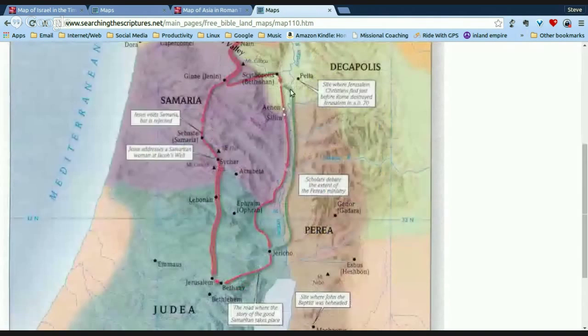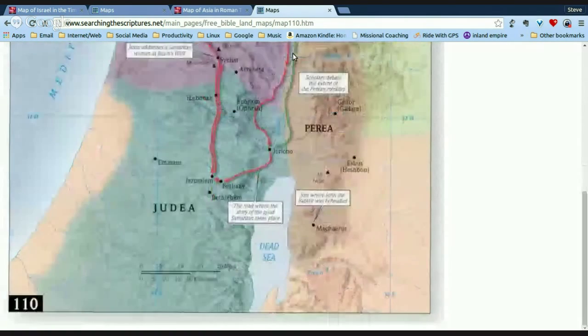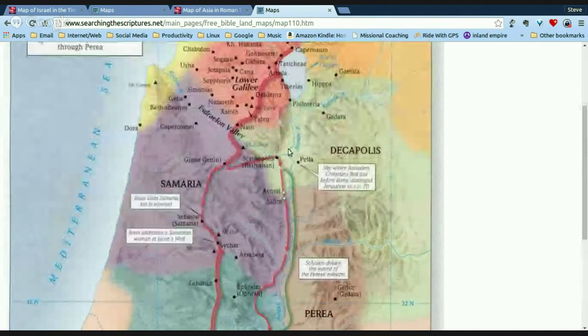And in this area, this Jordan River Valley is also known as the Rift Valley. And the Rift Valley is the lowest place on Earth. It is almost 1,300 feet below sea level, this Jordan Rift Valley. So it is known as one of the lowest places on Earth.